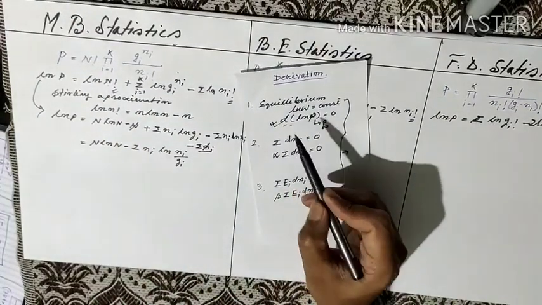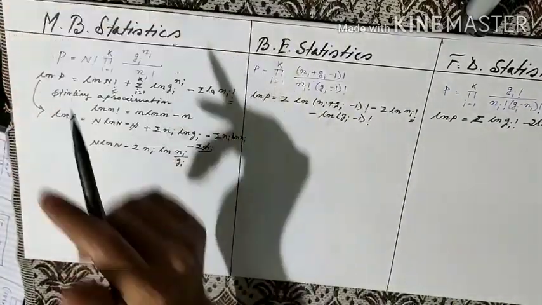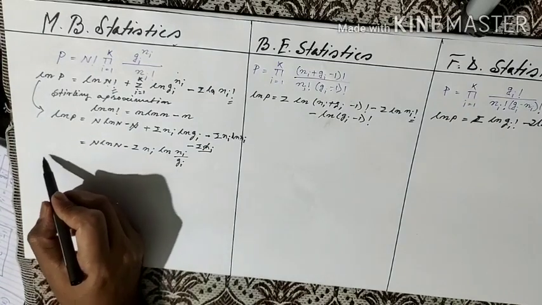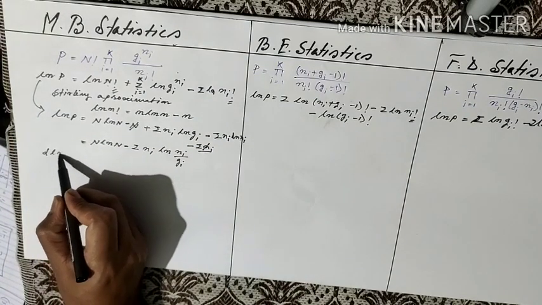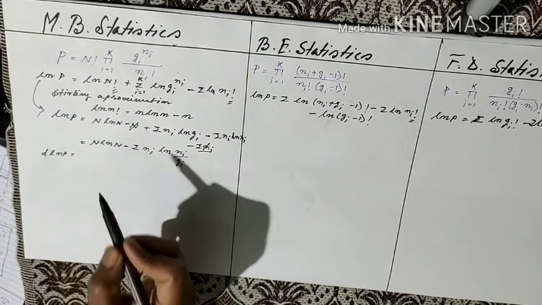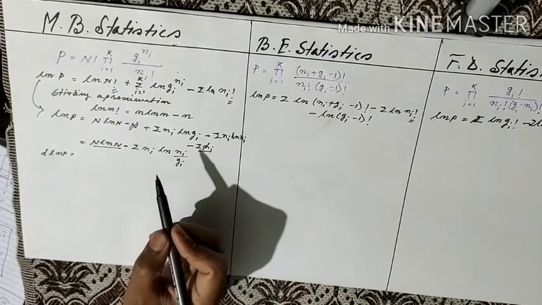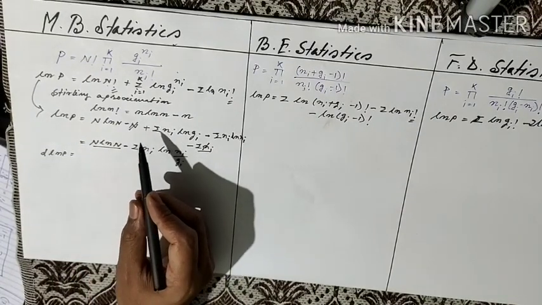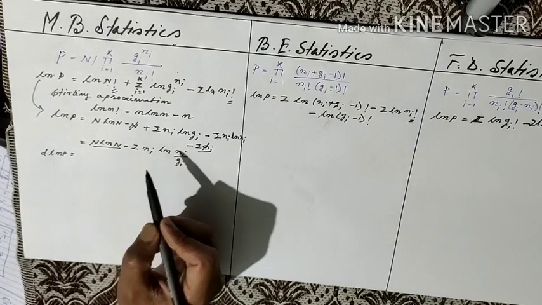Okay, then what we have to find out? We have to find out the differentiation of this. So d ln p, this part will be constant because ni, as I told you, is constant, so this part will be simply 0.